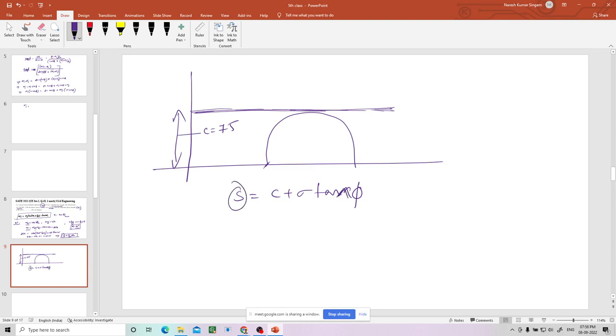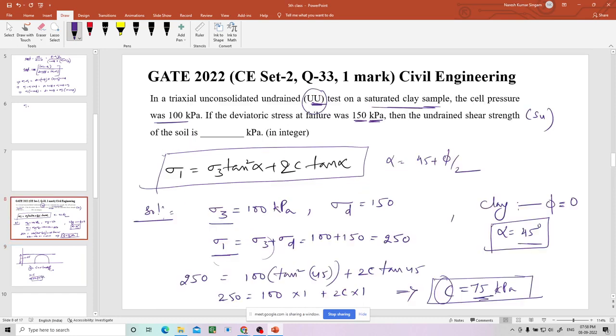If we talk about effective parameters, you can write c dash, phi dash, and here phi dash is 0 because it is clay, and then s equals c, and the shear strength will be equal to 75. So the answer is 75 kPa. That is how you have to calculate.